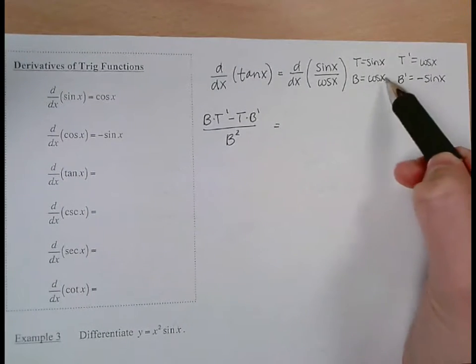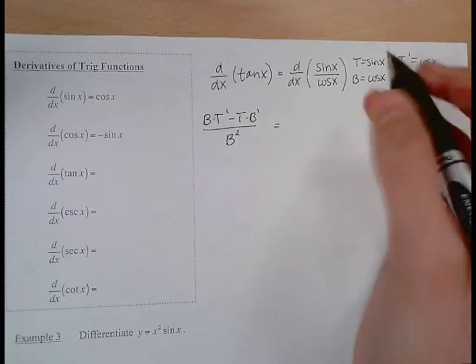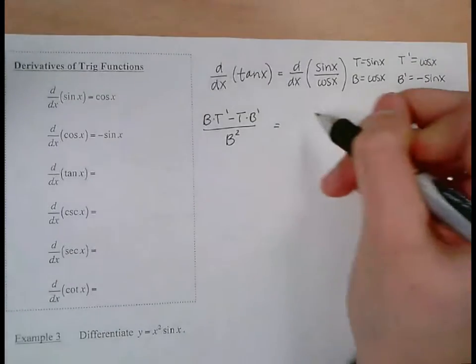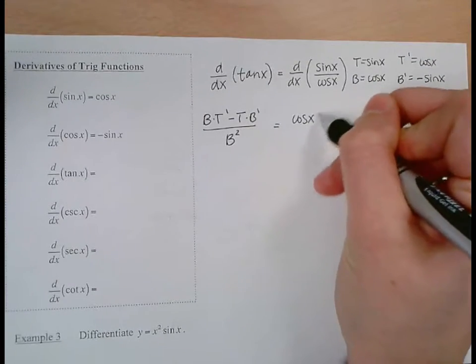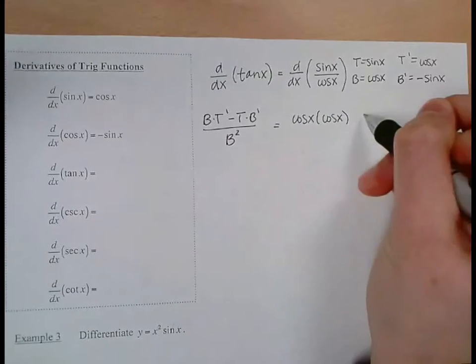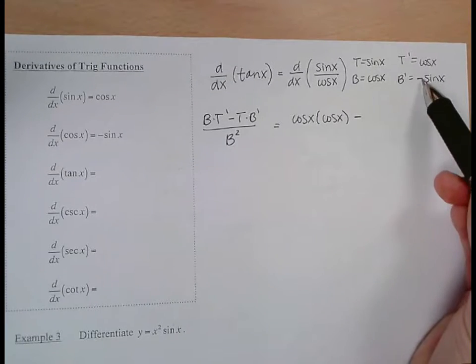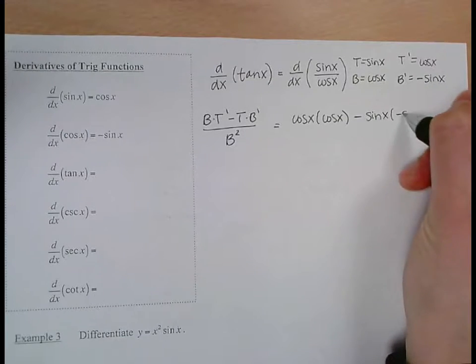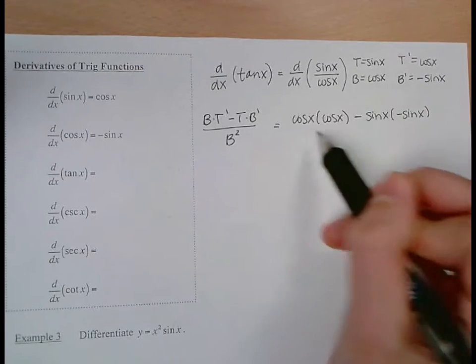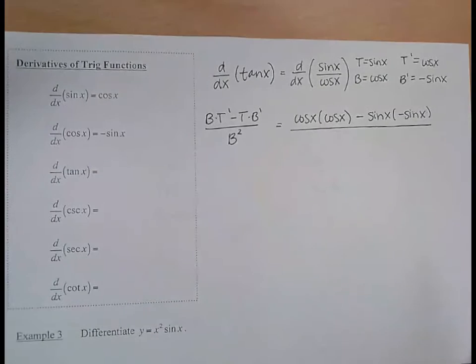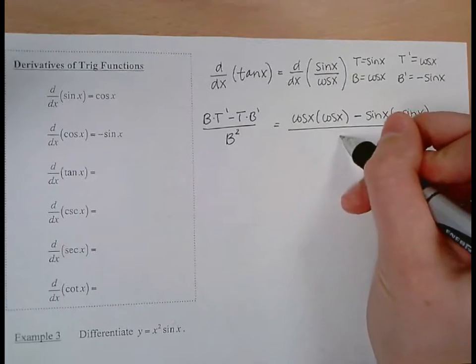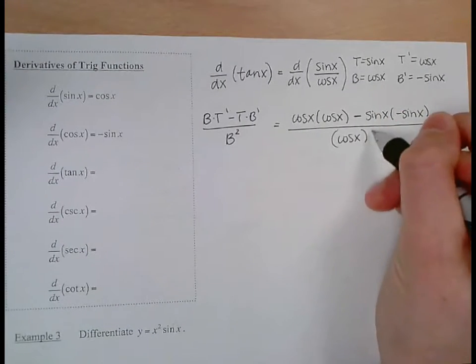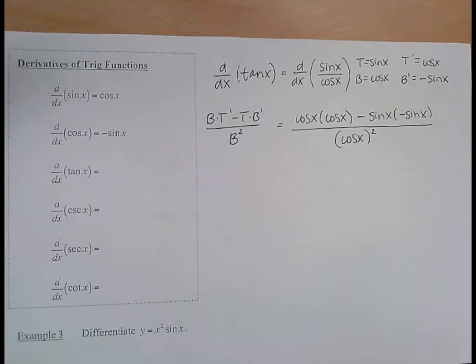So it would be bottom times top prime would be cosine of x times cosine of x minus top times bottom prime is sine of x times the opposite of sine of x all over the bottom squared, so cosine of x squared, or cosine squared of x if you wanted to write it that way.